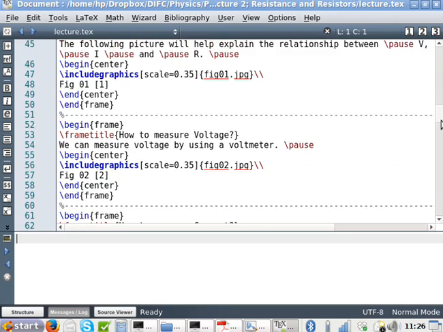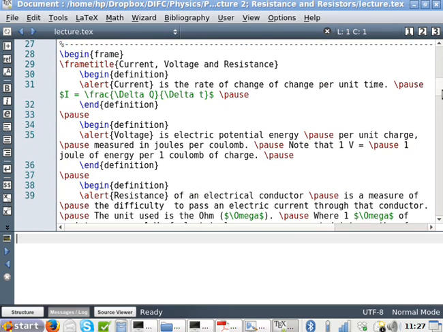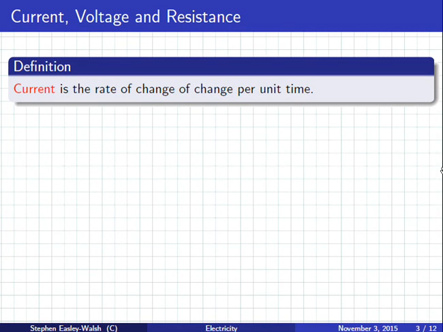Not change of change. Change of charge. Okay, so you need to fix that.